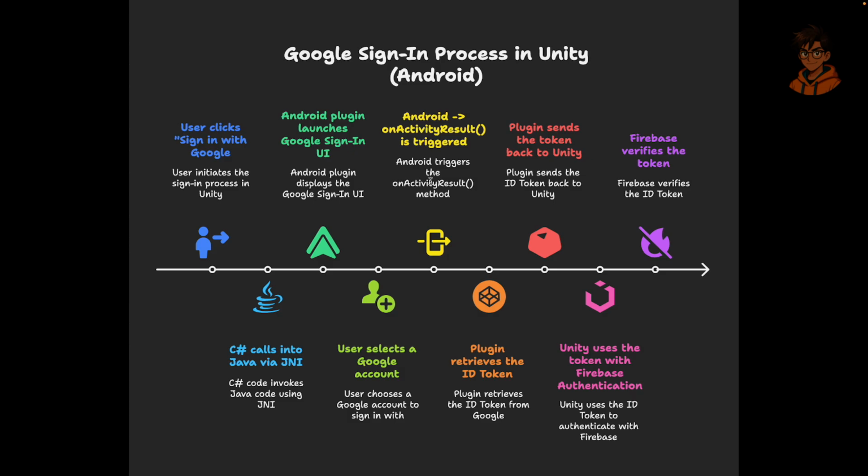After we get this activity result trigger, we'll be able to retrieve the ID token given by the user account. Then we can send it to the Unity method with UnitySendMessage, and on the Unity part we will just send it to Firebase to see if he's able to sign in.